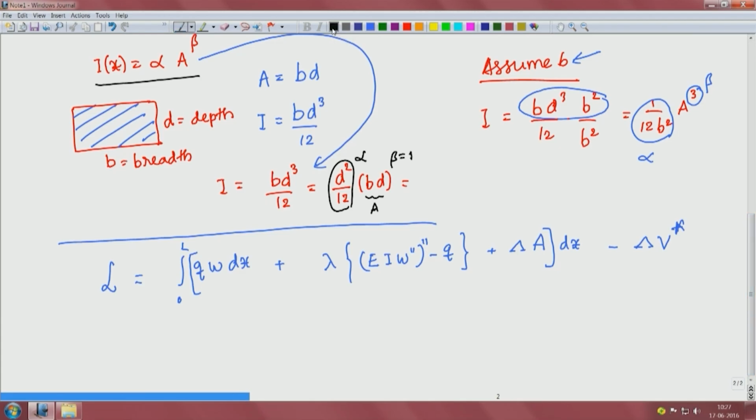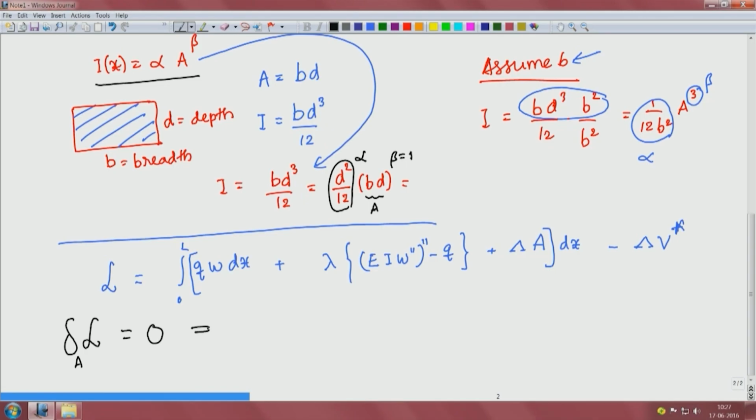As we had done in these steps, we have to remember as we are doing simple problems, the bar and now the beam. So, the first thing we do is we take the Lagrangian variation with respect to the design variable, which is A here, which we have to equate to 0.